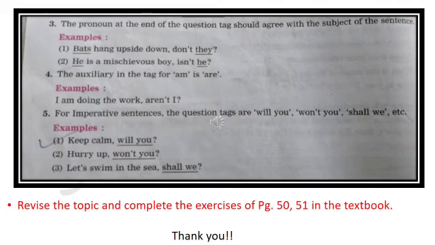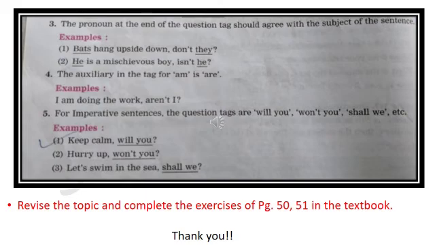So here, which is the subject? He. So the pronoun at the end of the question tag should also agree with the subject. Is it agreeing in the sentence or not? Yes. He is a mischievous boy, isn't he? Understood, children? Yes.